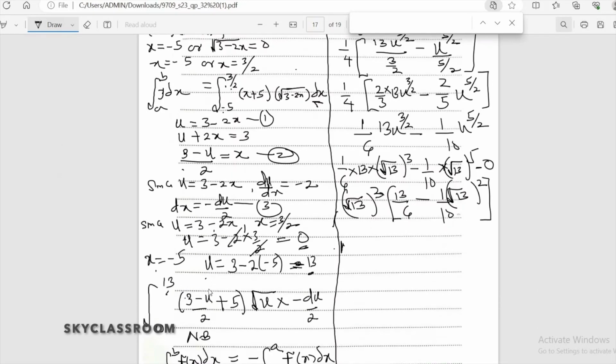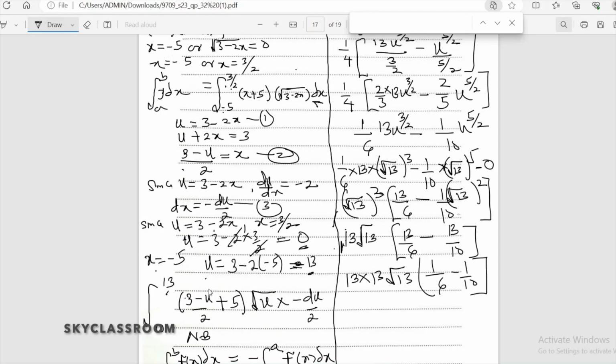So from here, root 13 cubed will give me 13 root 13, I guess 13 root 13 into bracket 13 over 6 minus 13 over 10, which is the same thing as saying 13 times 13 root 13. When I bring 13 out here, I have 1 over 6 minus 1 over 10.